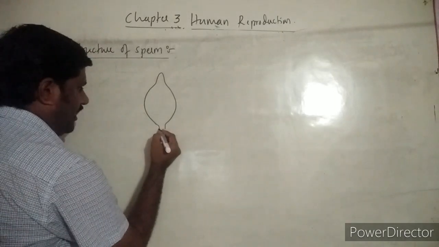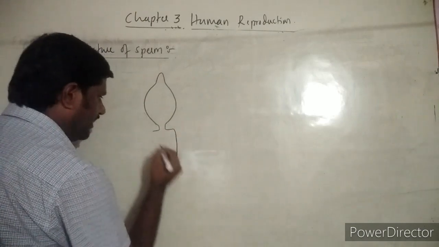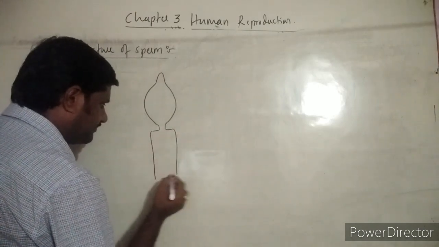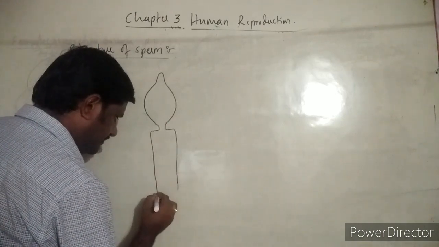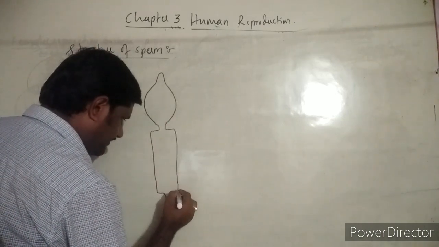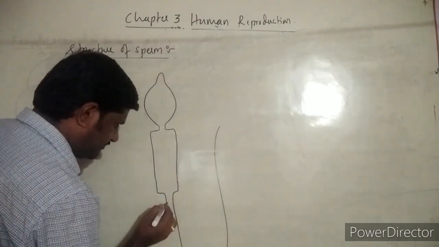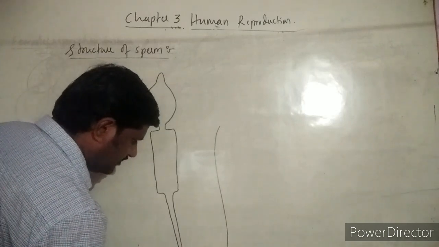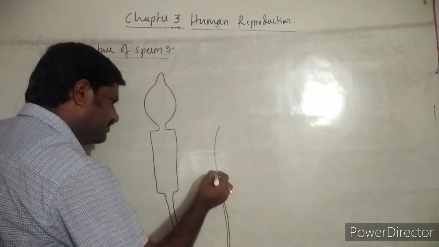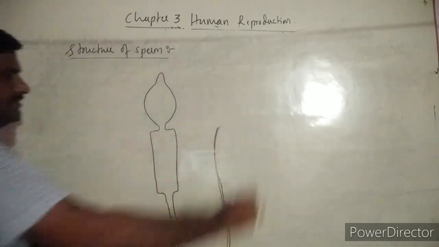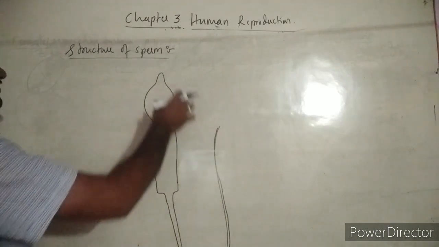It is followed by the middle piece. And the middle piece is followed by the tail, which is responsible for the motility of the sperm itself. This is the tail.